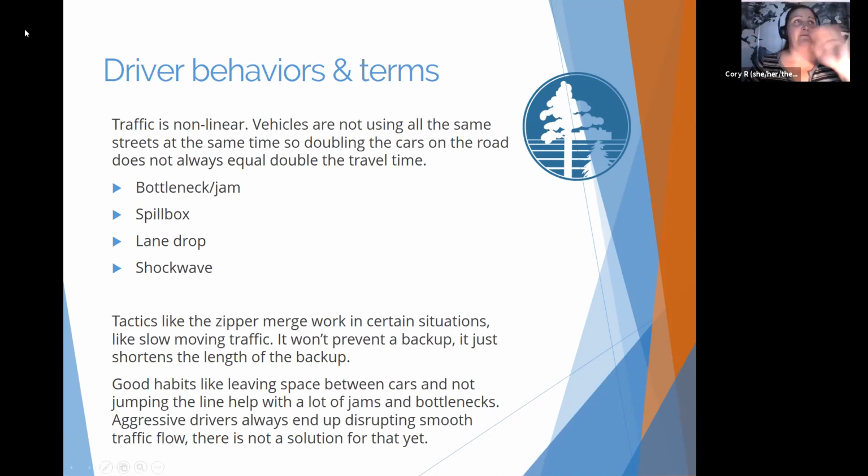This is what I get for talking for an hour, and I have allergies. So because it's not linear like that, right? We can't say if we have twice the cars, we have twice the traffic, twice the backups. It's because not everybody's using the same segment of street at the same time in the same way.